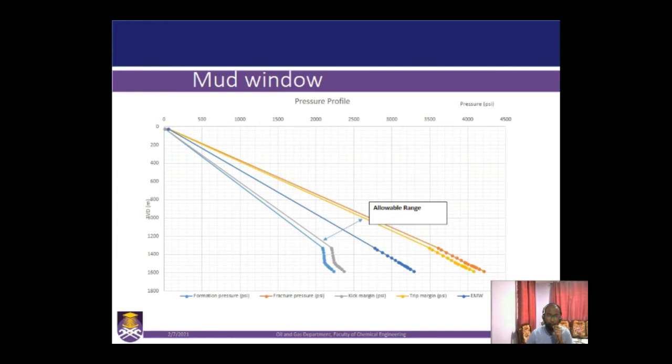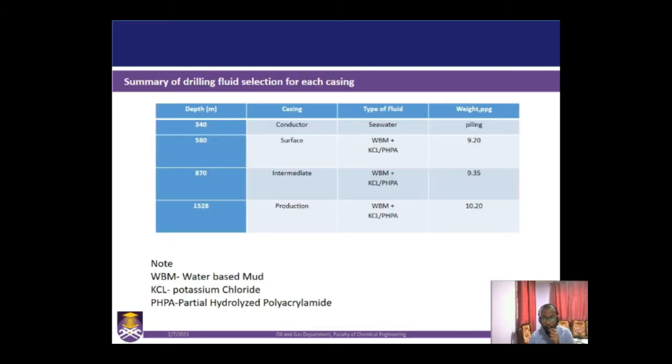The blue line is the formation pressure, and the kick margin is always 0.5 ppg overbalance from the formation pressure, and the drilling margin is always 0.5 less than the fracture gradient. And this is the accumulated mud weight from the MDT data, and this is the allowable range for mud weight for the Amirah 1.